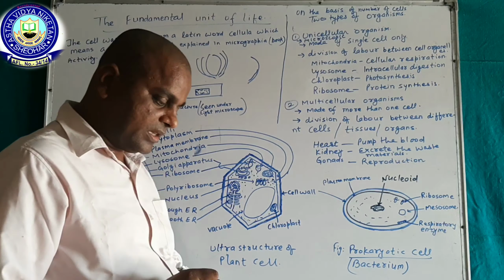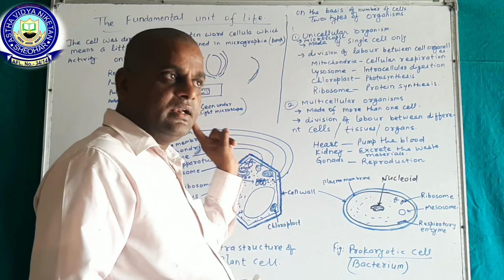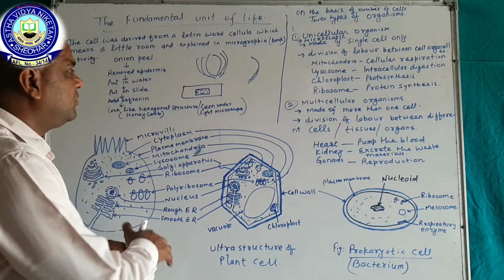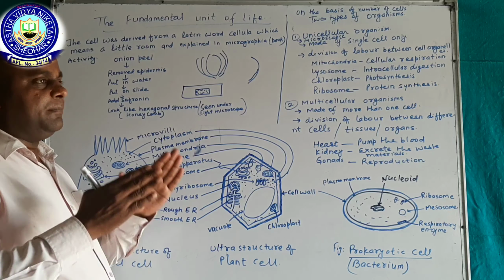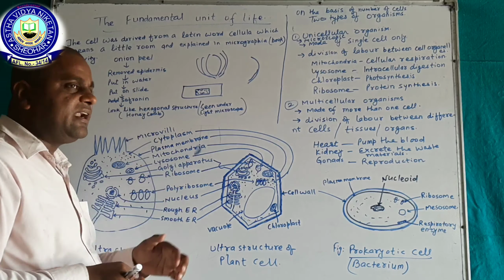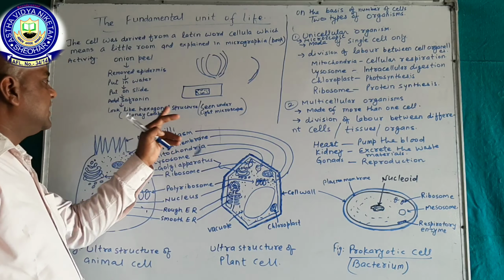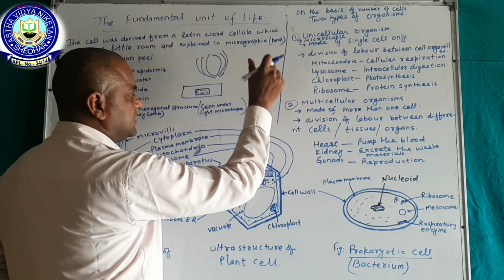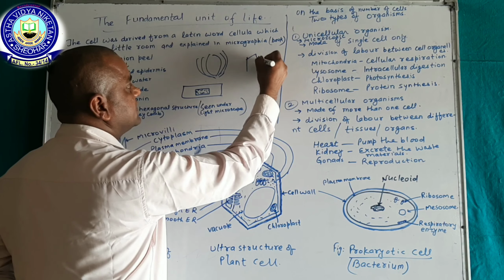If there is some extra saffranin, we throw it out and make a slide. Under the microscope we see the cells, honeycomb-like cells.